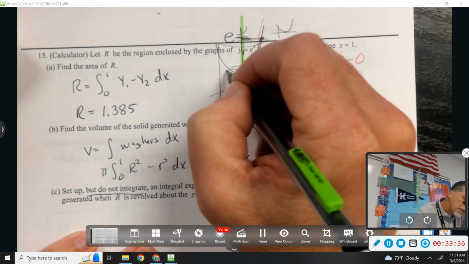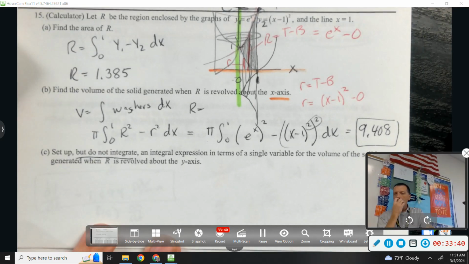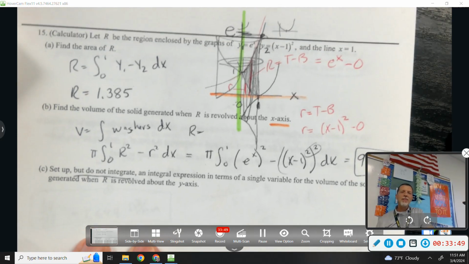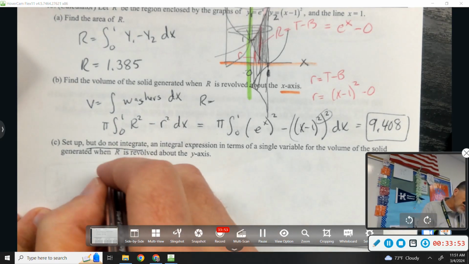So that's going to be dx or dy? dy. Disk or washers? Washers. And then what is weird about this problem? Well, maybe don't see it yet.